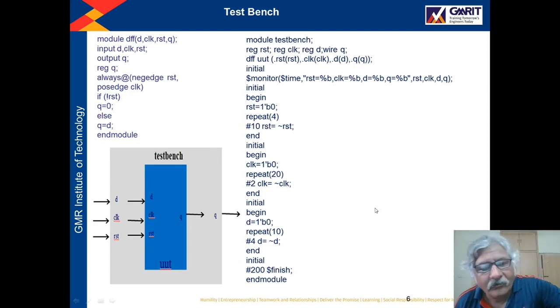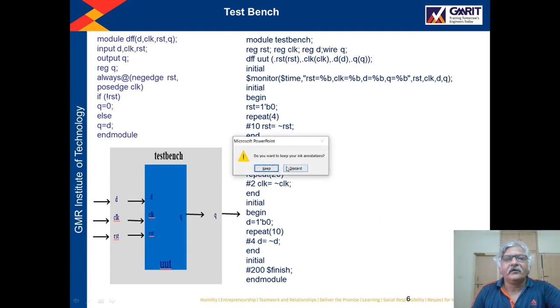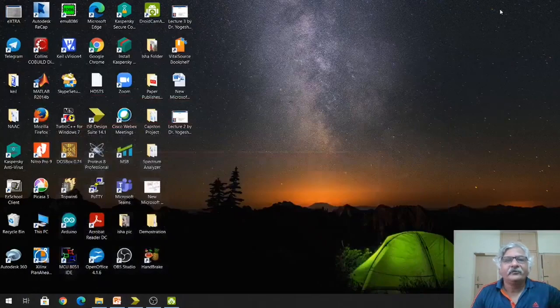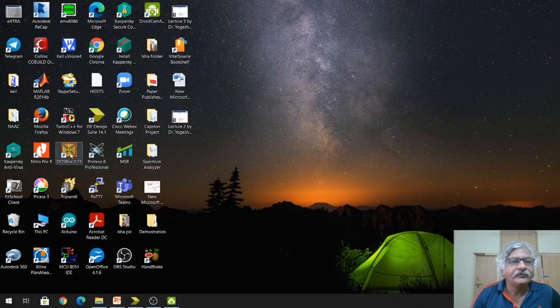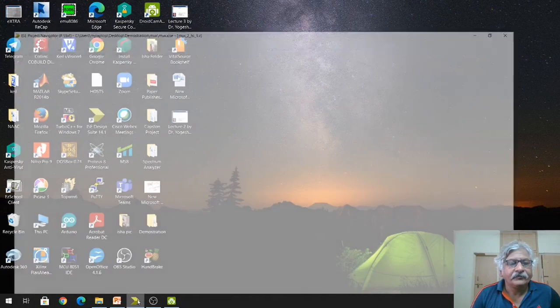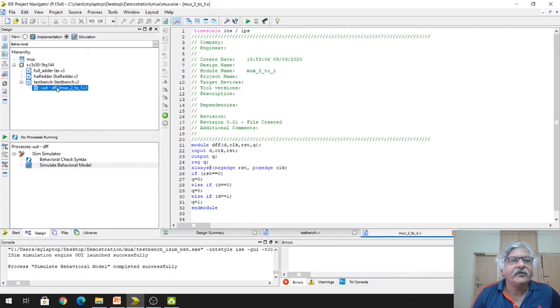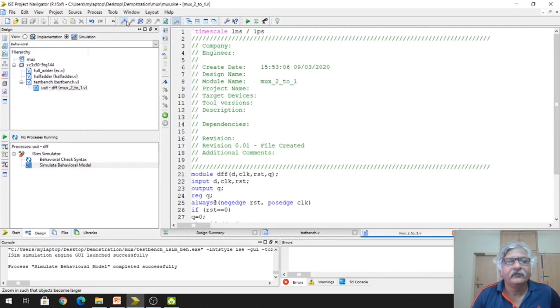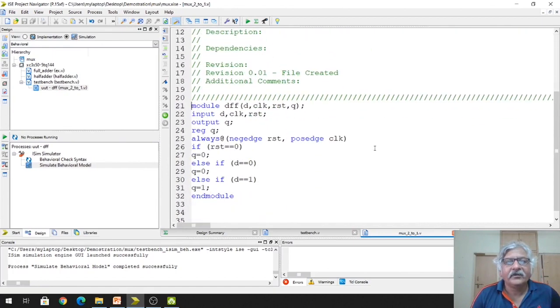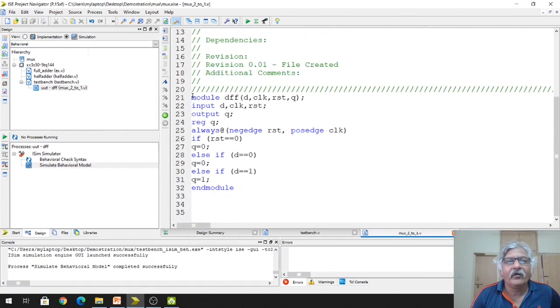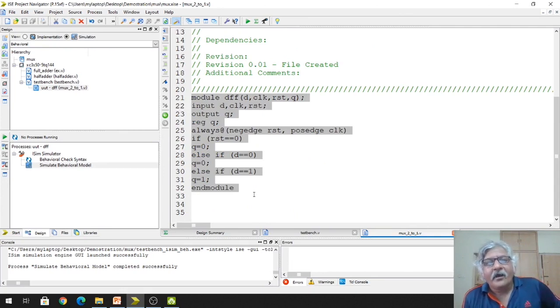Now I will show you this demonstration. Okay, I have already written this code here, so you can see. This is the code of the positive edge triggered D flip-flop. Already we discussed the same code.